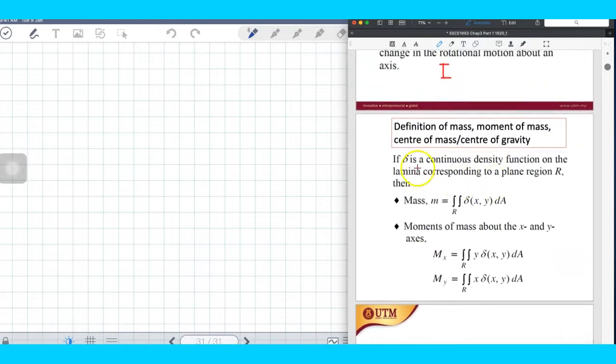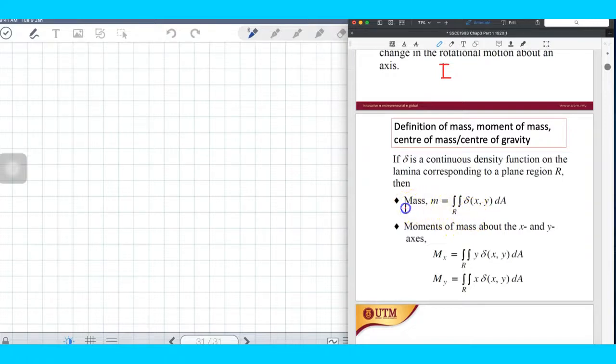So these are the formulas that you have to know, and as far as I am concerned, all the formulas here are not given during the exam. Now we just focus on the mathematical computation to evaluate the mass, the moment of mass, and the moment of inertia.